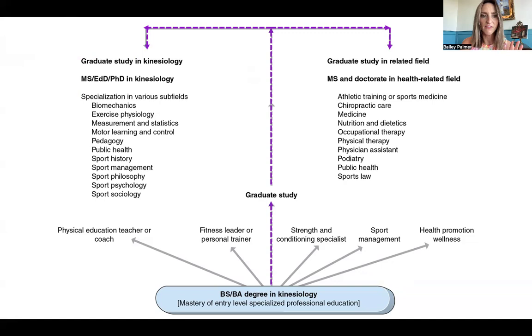That can be anything from getting a master's degree in kinesiology, where you're going to study exercise physiology or motor learning or biomechanics, or go into the doctorate side, which is athletic training, chiropractic care, medicine, nutrition, occupational therapy, physical therapy, anything along those lines.